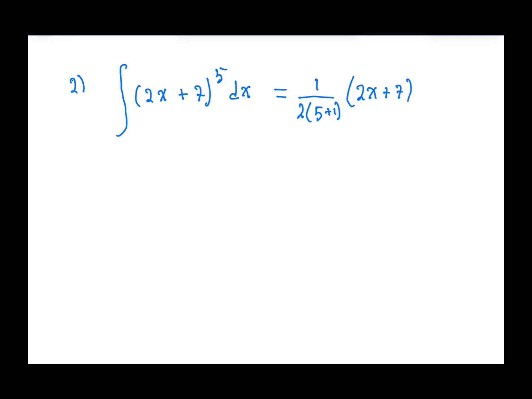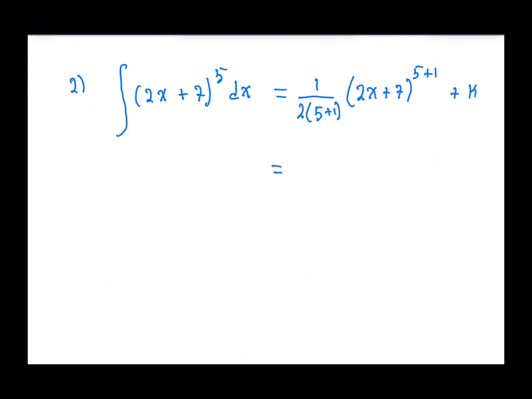Let's say we want to find the integral of 2x plus 7 all to the power of 5 with respect to x. This is equal to 1 over, the value of a should be 2, into the new power, which is 5 plus 1. All of these times 2x plus 7 all to the power of 5 plus 1 plus the constant k.